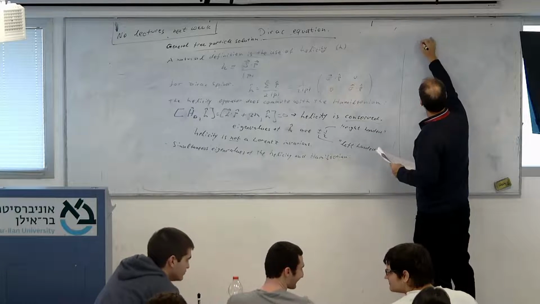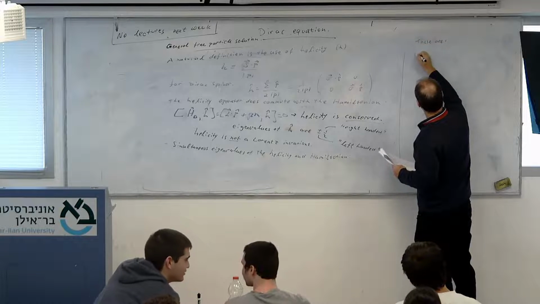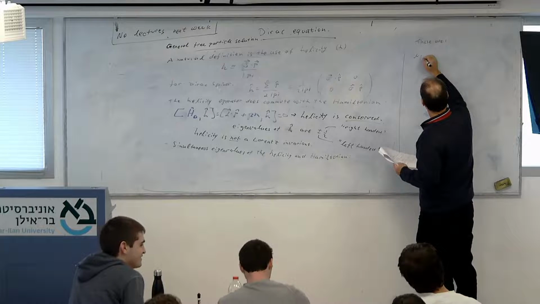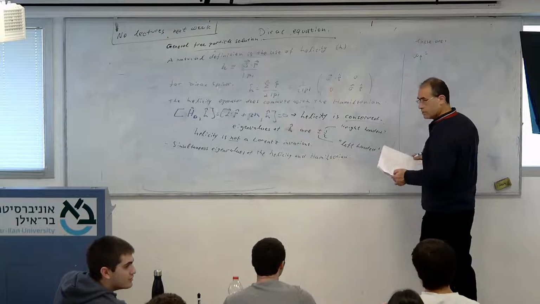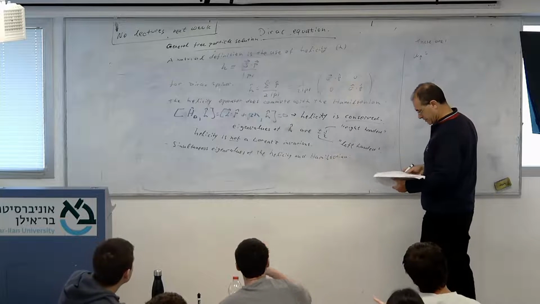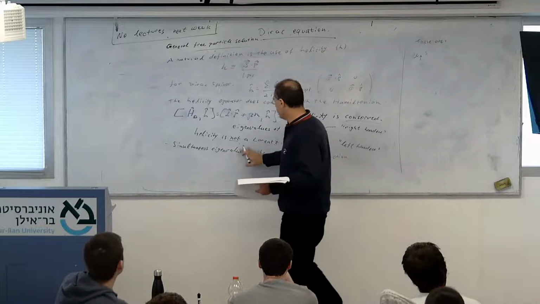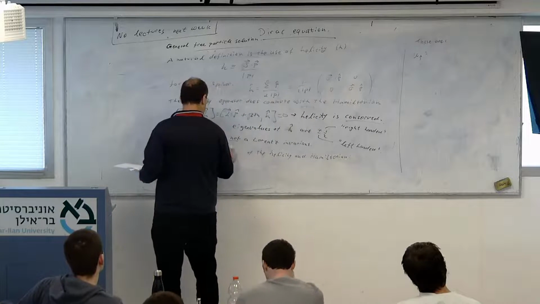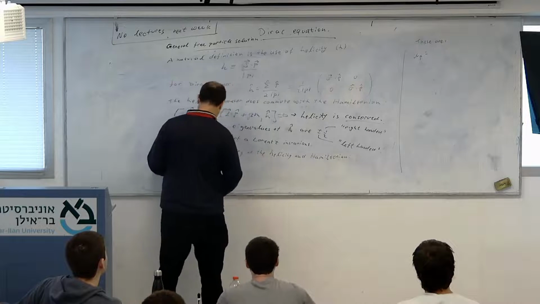So these are what we call the u up. These are the simultaneous eigenstates of the helicity and the Hamiltonian.